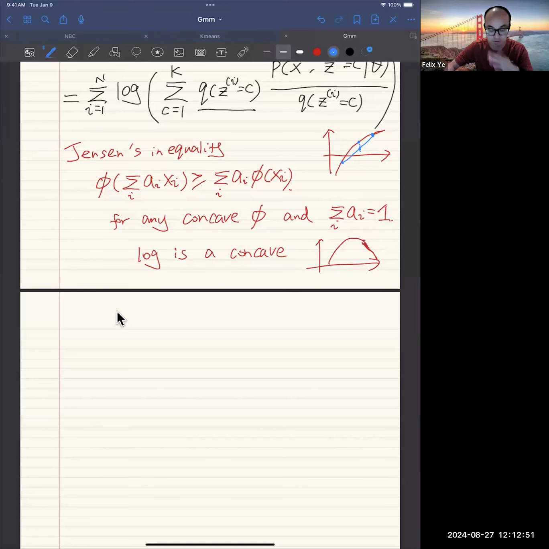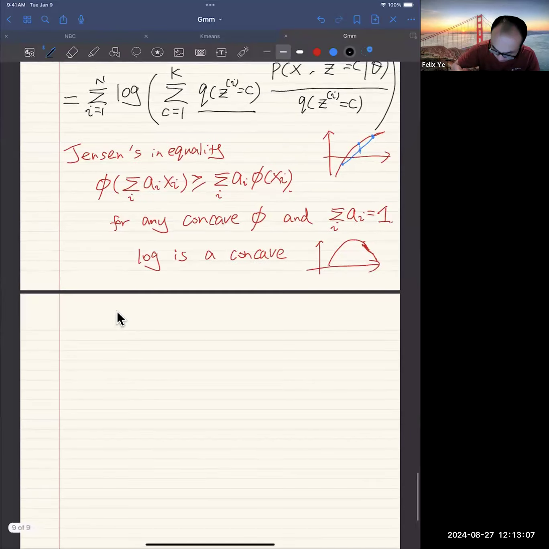All right, logarithm is a concave function. So if we use this fact, then we can switch the order of the logarithm and the summations.